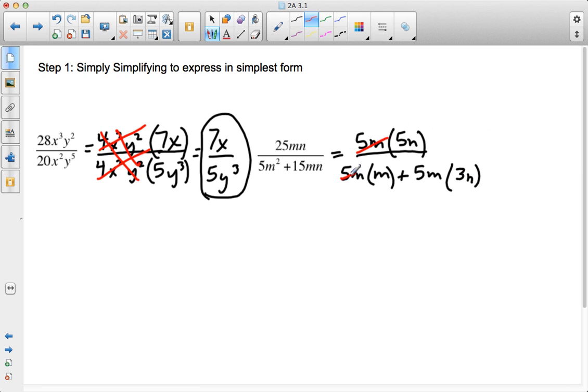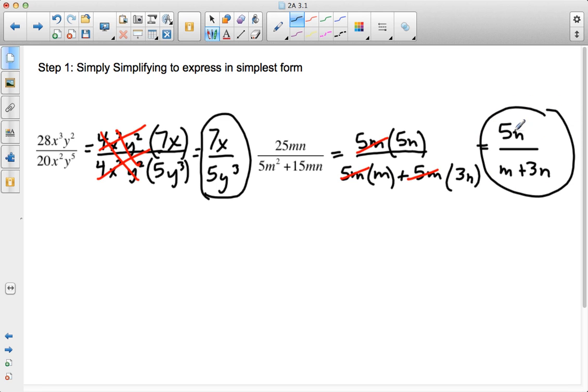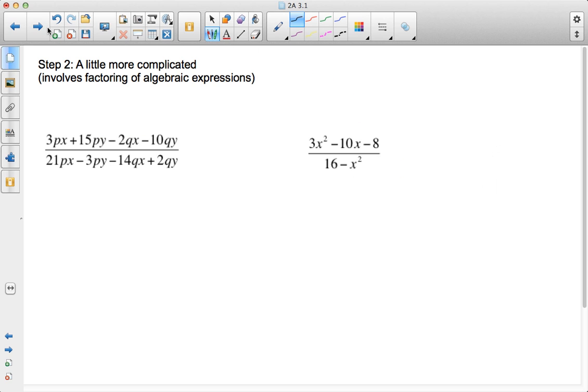So all these 5m's cancel out, and what I'm left with is 5n over m plus 3n. Those are the terms that are left behind. That is my simplest form. Now again, I can't cancel this n and this n because my 3n is connected with the m, so that's one connected term. All right, let's make it a little more complicated now.